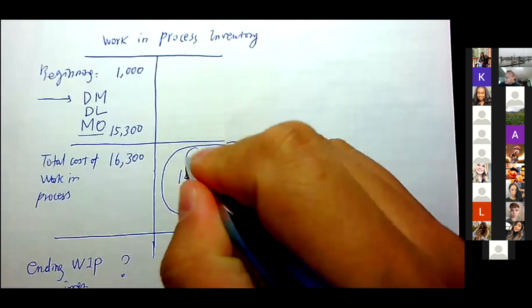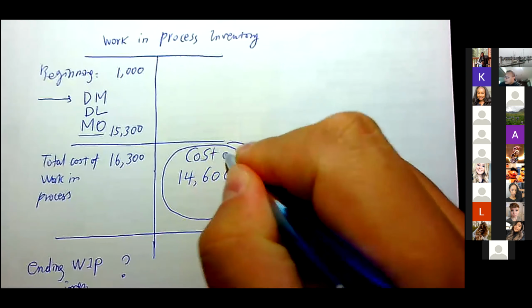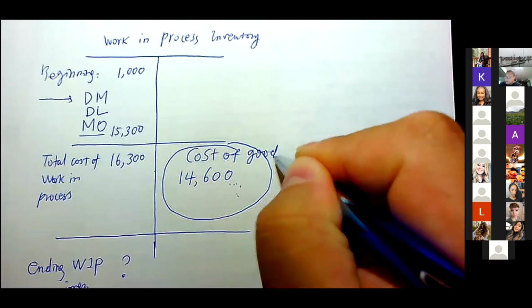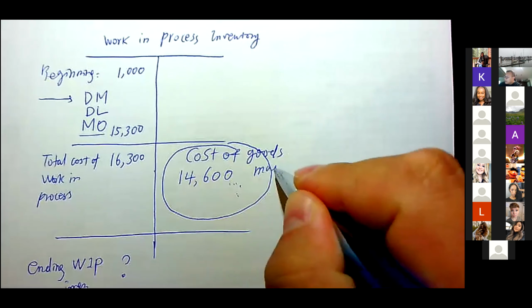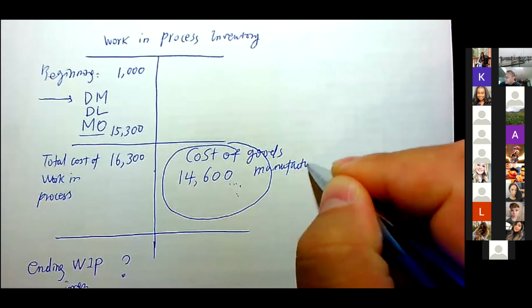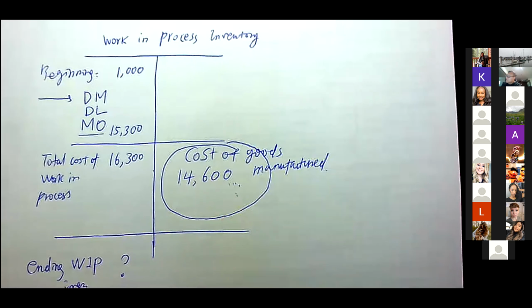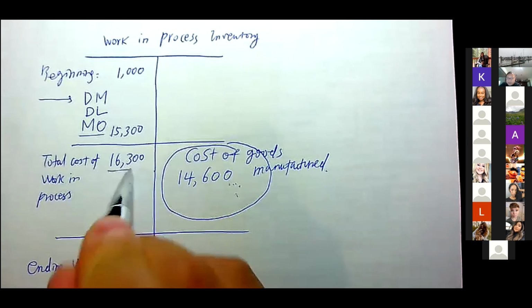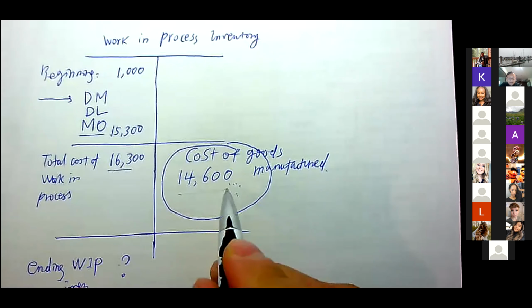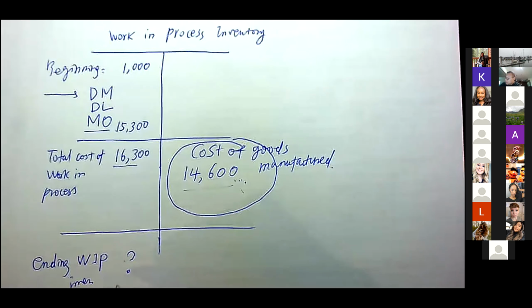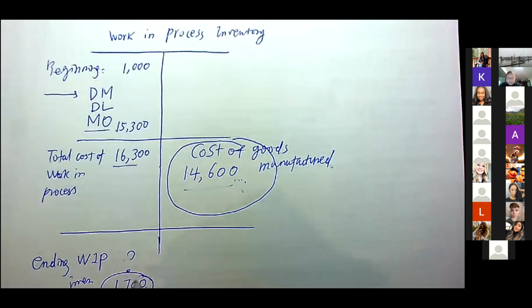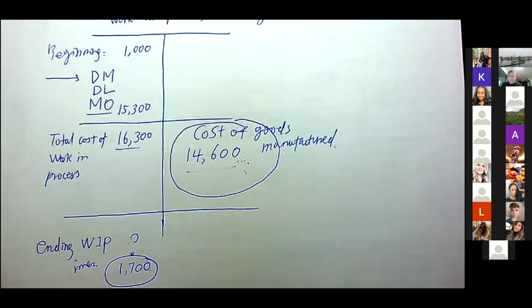So this one is cost of goods manufactured. Now what is my ending WIP? This number minus this number, what is that? That'll be 1,700. Does that make sense?